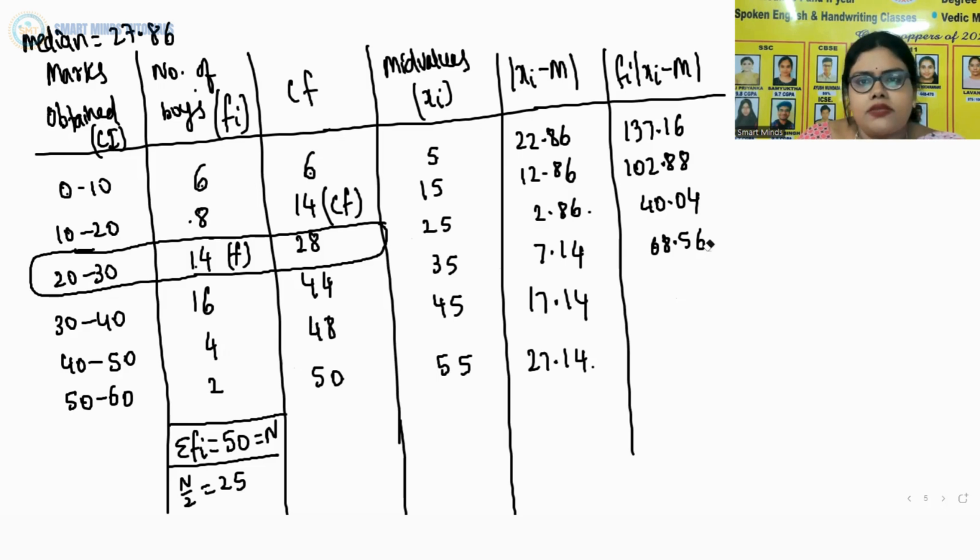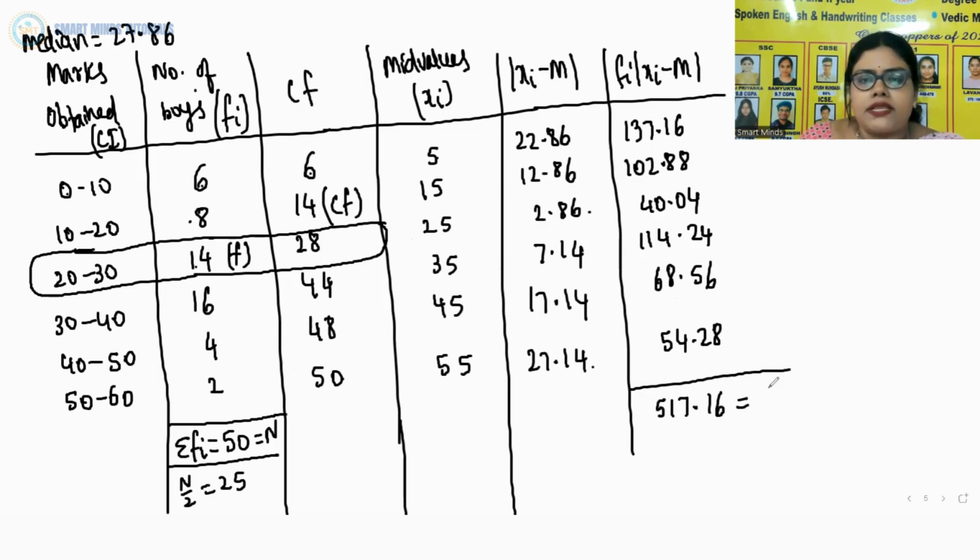One second. This is 114.24. And the next will be 68.56. And the next is 54.28. Now if you add them all, you will get 517.16. This is sigma Fi mod Xi minus M.